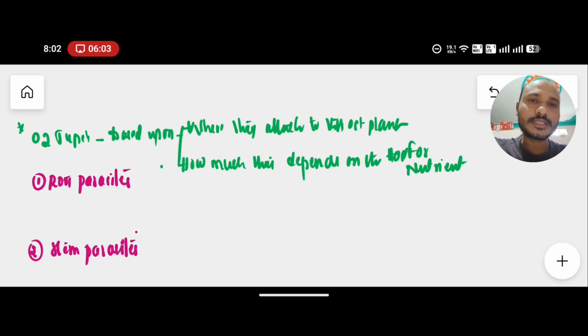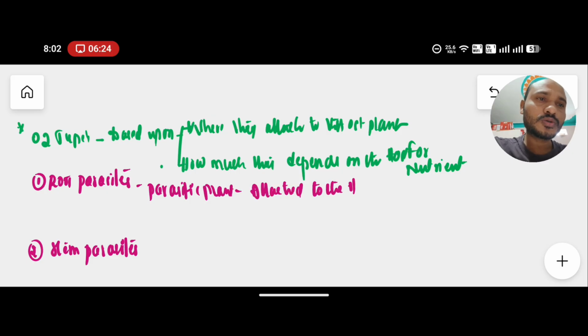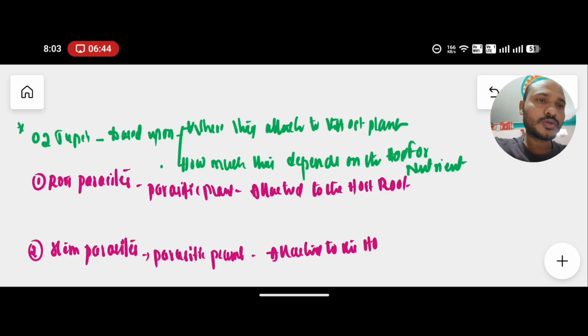Now coming to root parasites: these are parasitic plants which attach to the host root. In stem parasites, the parasitic plants attach to the host stem. Each type, root parasites and stem parasites, is again divided into two types.